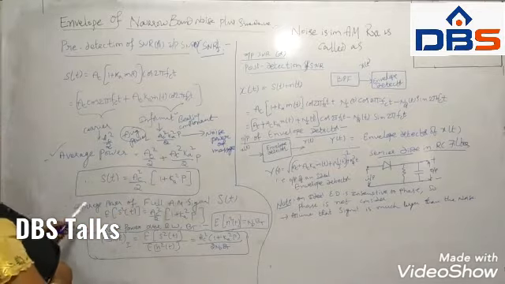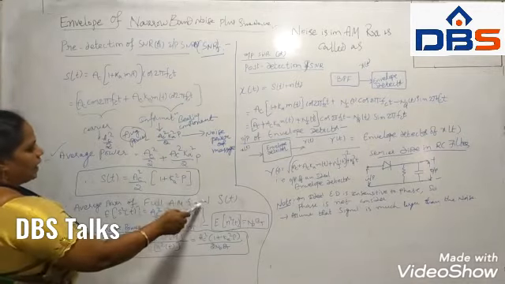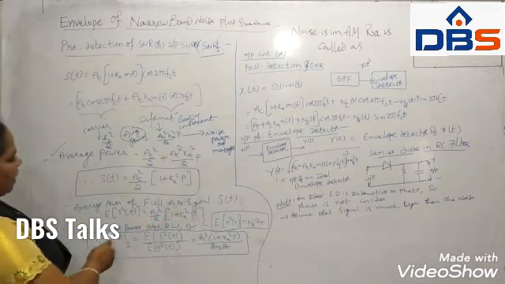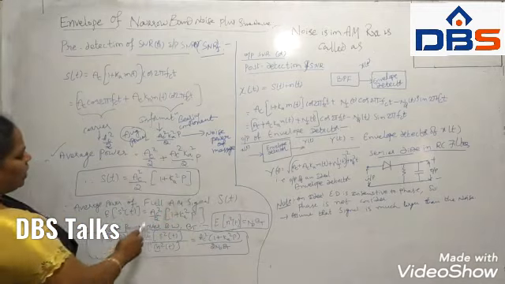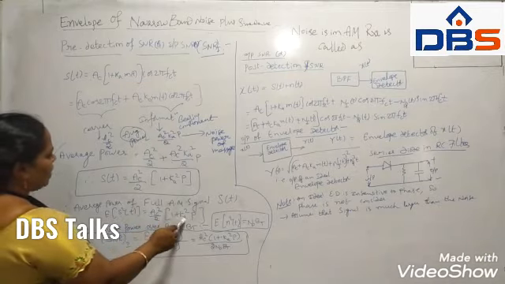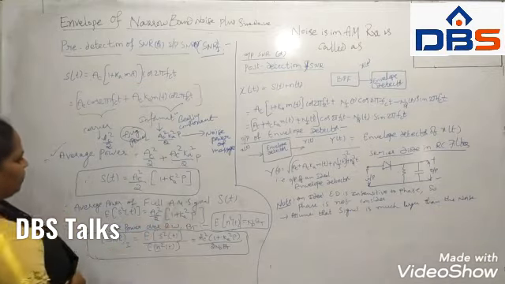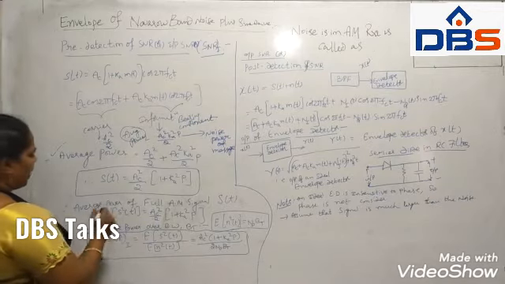Next, what is the average power for the full AM signal S of t? We can write E of S square of t is equal to AC square by 2 into 1 plus Ka square into P. So this is the average power for the full AM signal.